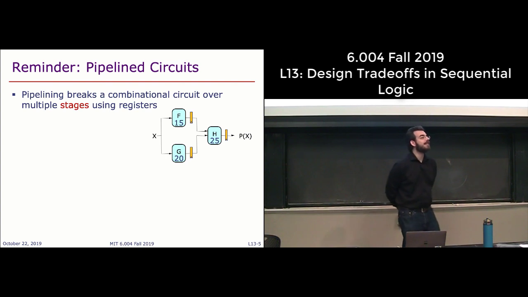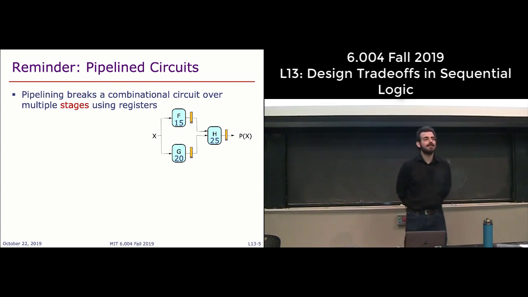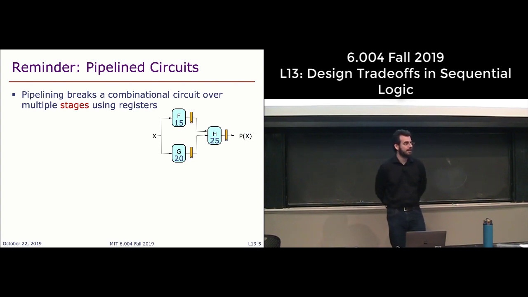What does that mean? This means that we can now clock this circuit faster, right? So assume that we have ideal registers. Now we can set the clock cycle time to 25 nanoseconds. So before we had to give one new input every 45 nanoseconds, and then wait for the output to become stable.